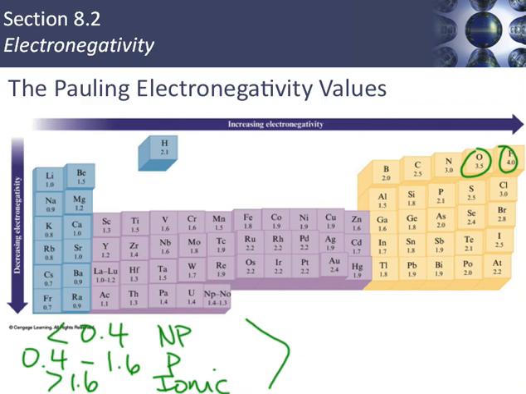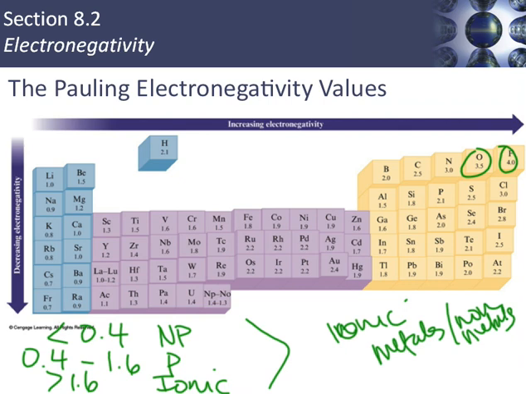You are going to have to rank the polarity of bonds, though. And how do we do that? We just look at the distance apart between the actual atoms. If they're really, really far apart, what kind of bond is it? Ionic, because it's a huge difference. So that's why ionic bonds are primarily made up of metals and nonmetals, because those are the furthest apart on the table.